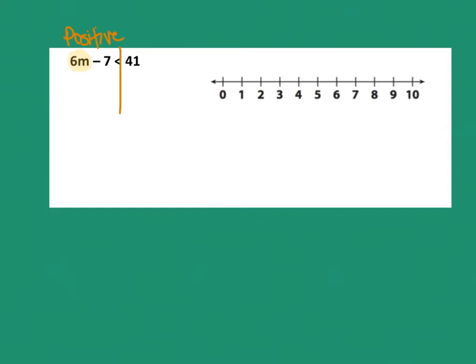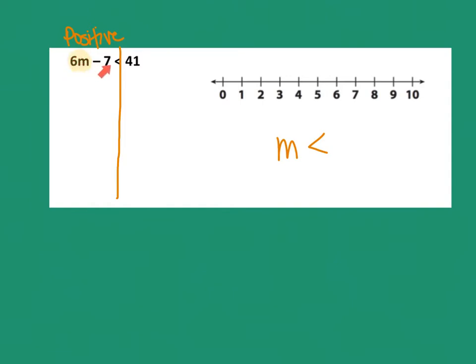I'm going to draw my line down. Since it's going to stay the same, I already know that it's going to say m is less than, and now I'm about to find out the number. We are going to get rid of this constant number. I want to isolate the variable of 6m and leave it all by itself.